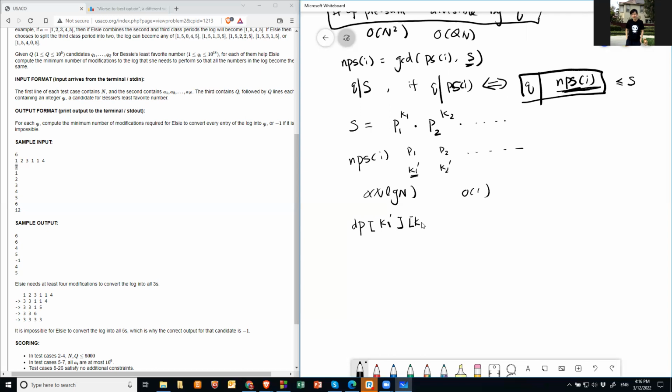What's the power for prime number P2? What's the power for prime number P3, and so on and so forth, right?